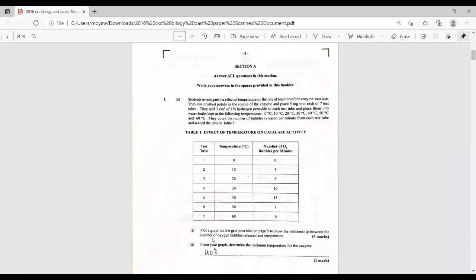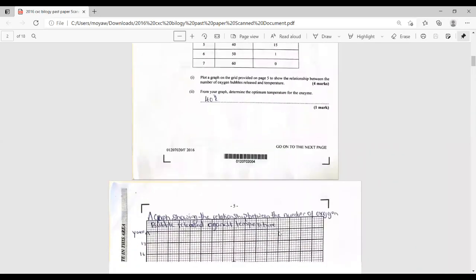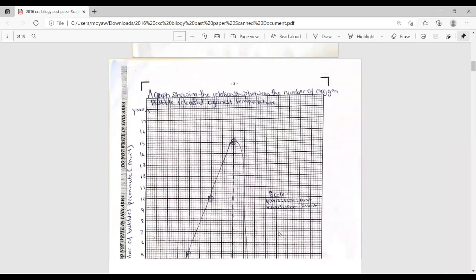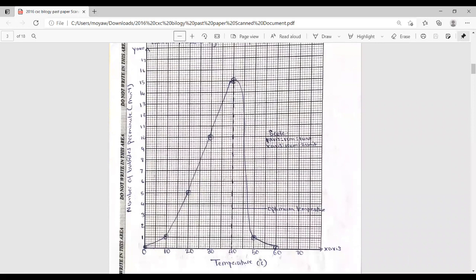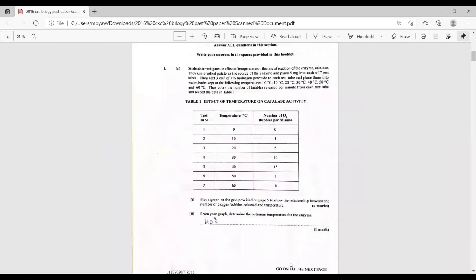So by reading this, I now know that the number of oxygen bubbles released should be on the y-axis, and the temperature would be on the x-axis. So now I have number of bubbles per minute on the y-axis, temperature on the x-axis. So all I have to do is fill in the data.